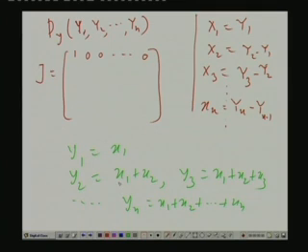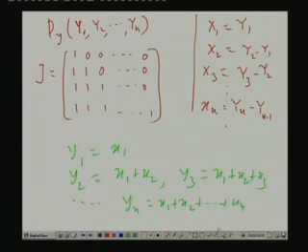Then del y2 by del x1 is 1, del y2 by del x2 is again 1, then zeros, then 1 1 1, zeros, 1 1 1, up to 1. You can easily see the determinant of this matrix is 1, because 1 times the remaining square matrix, and the zeros drop out. Applying the same thing again, finally 1 into 1 into 1. So the Jacobian has a determinant equal to 1.